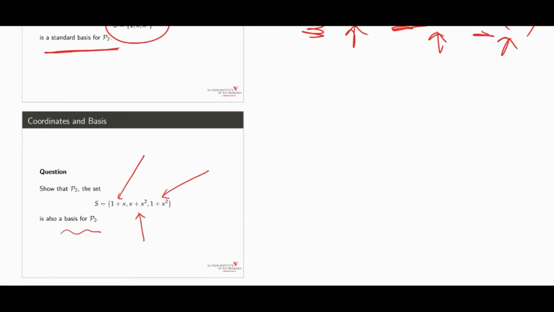We are not doing anything new here. In fact, we are just putting together the stuff that we know from the previous sections. That is, you have to verify that they span the entire P2, and you have to verify that they're linearly independent. We know how to do that already. So I want you to practice on it, and I will see you in a little bit.